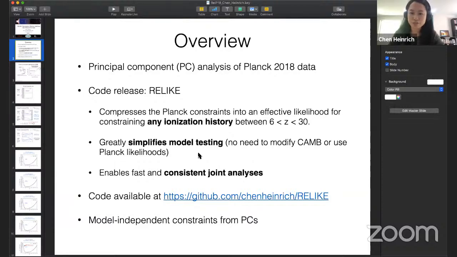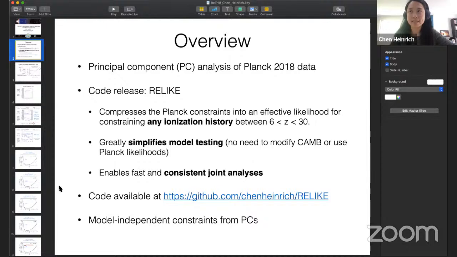You don't have to modify CAMB, you don't have to hook up the Planck likelihood and things like that. So there's no need to get your hands dirty that way, but you can get constraint results very quickly. It also enables fast and consistent joint analysis, in a way that I'll elaborate on later.